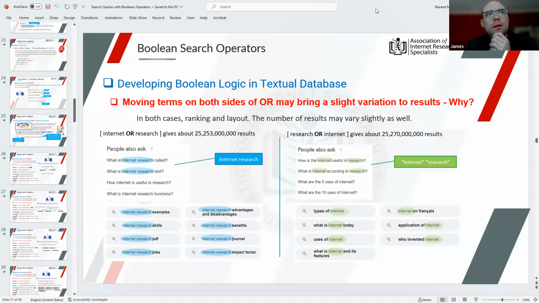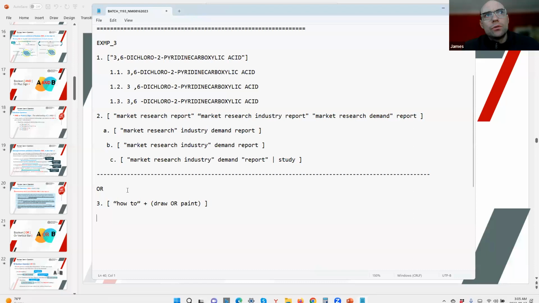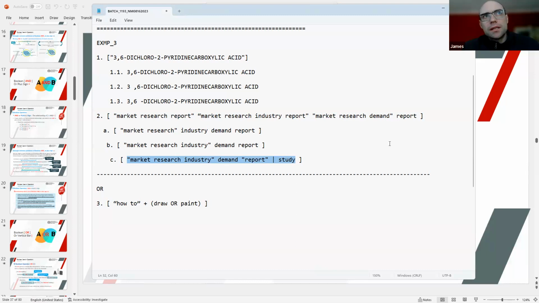If we went back to the market research industry report example, with the OR segment in that example at the end after market research, when we were putting report or study, will Google run some synonyms or alternatives in addition to those two, in addition to say study and report, if they're not in quotation marks?